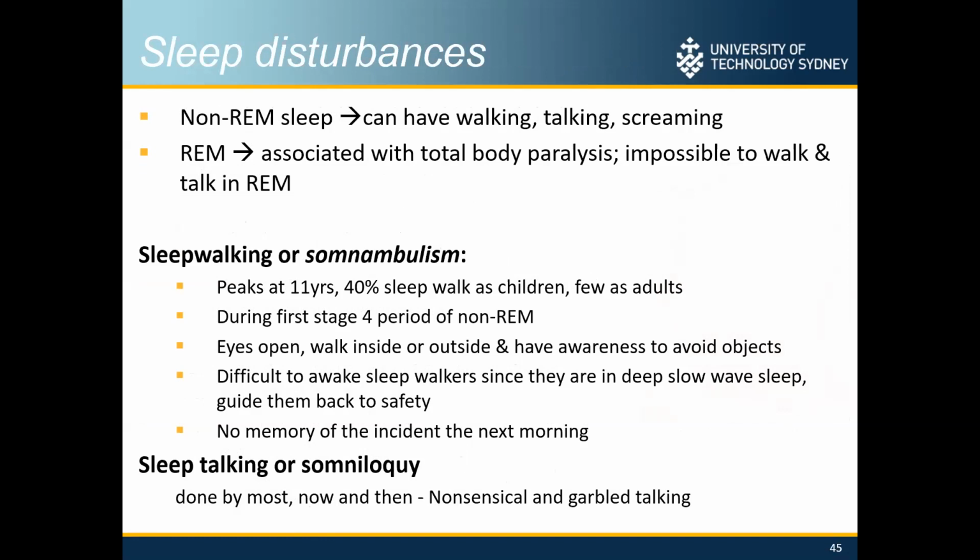It has been defined that about 40% of children do sleepwalk. And in the onset of sleepwalking, individuals tend to have their eyes open. They walk inside or outside and have awareness to avoid objects.